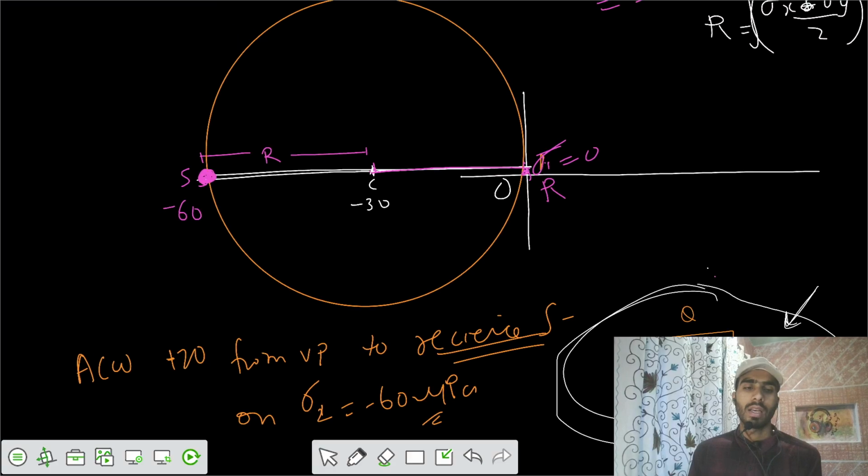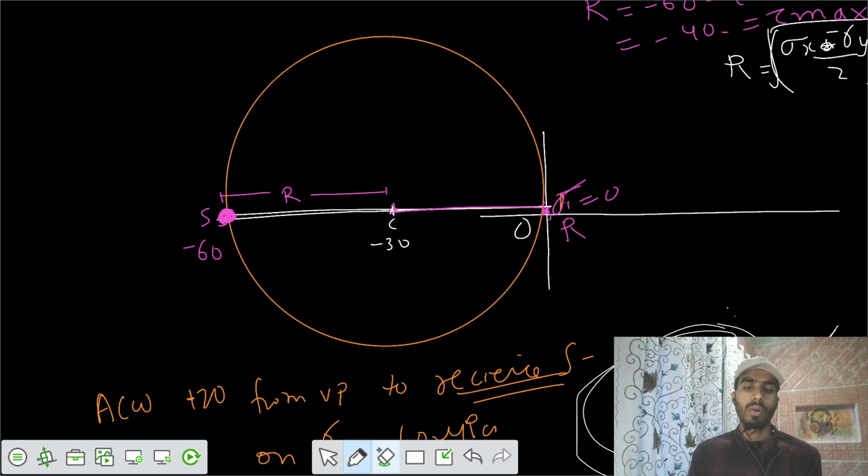So on the Mohr's circle, how much should the angle be? From plane S, this is our plane S, you have to go anti-clockwise 120 times 2, that's 240 degrees. So somewhere here, plane P would be somewhere here.